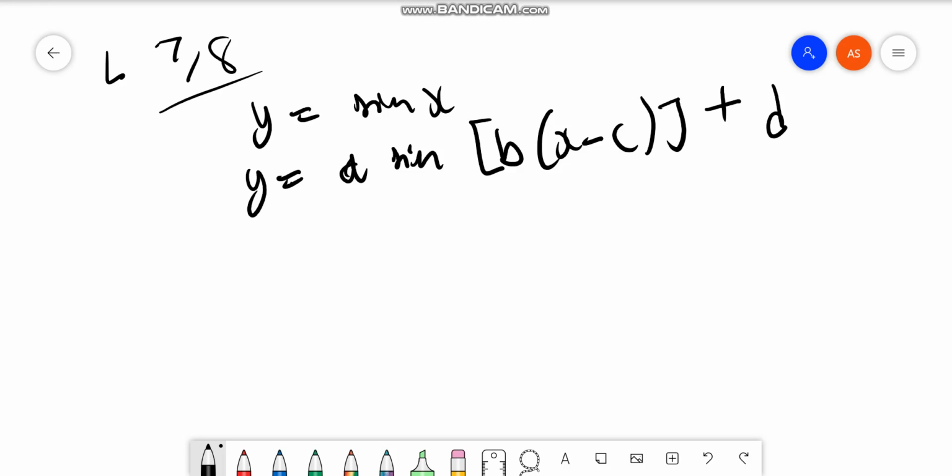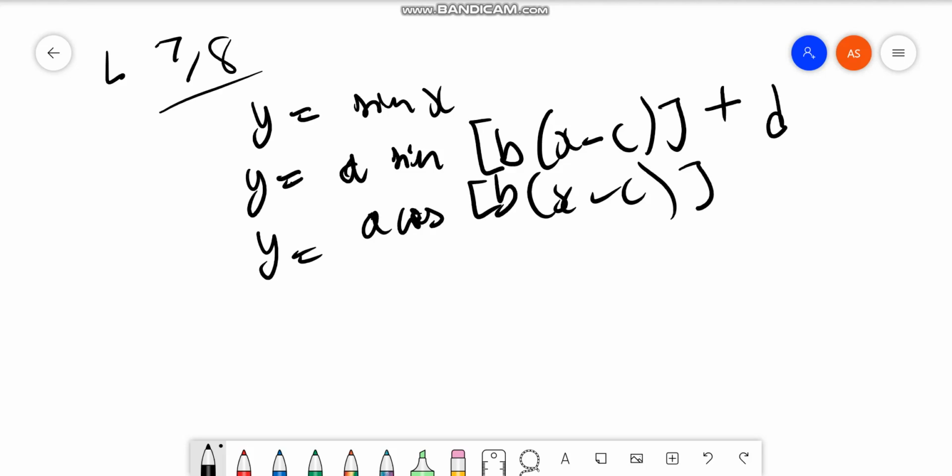And let's say that y equals cos x has been converted to y equals a cos b times x minus c plus d.